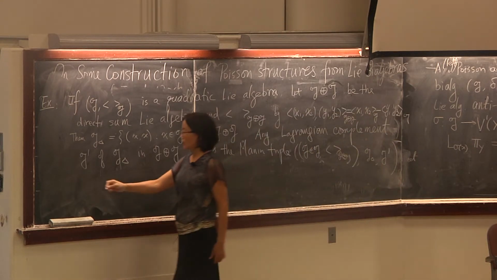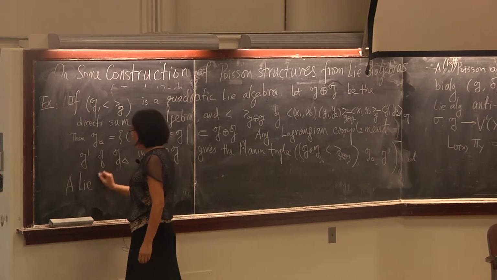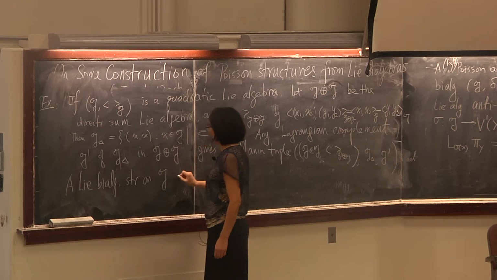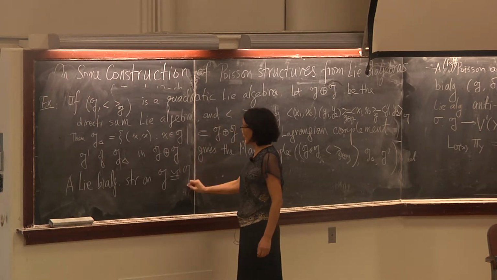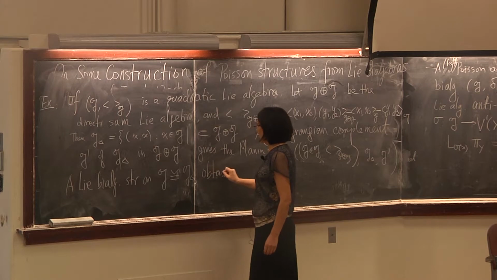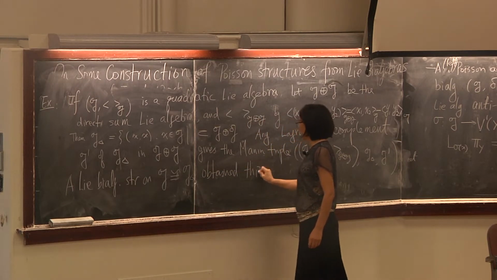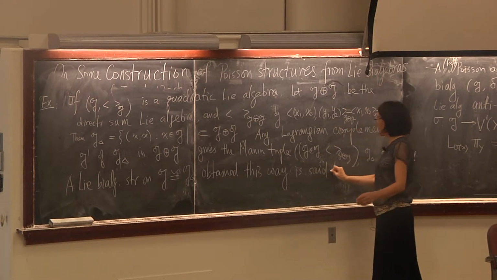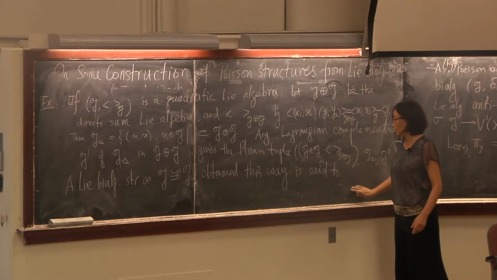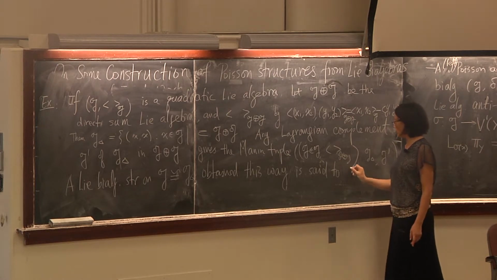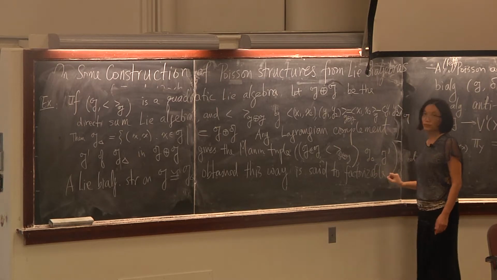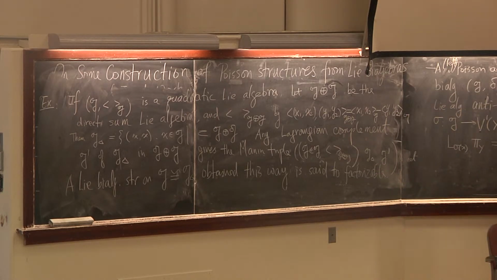So a Lie bialgebra structure on G, where G is now identified with the G diagonal, obtained this way is special. Not all bialgebra structures are obtained this way, but if it is obtained this way, it's said to be factorizable. Factorizable mainly because the double is a product.